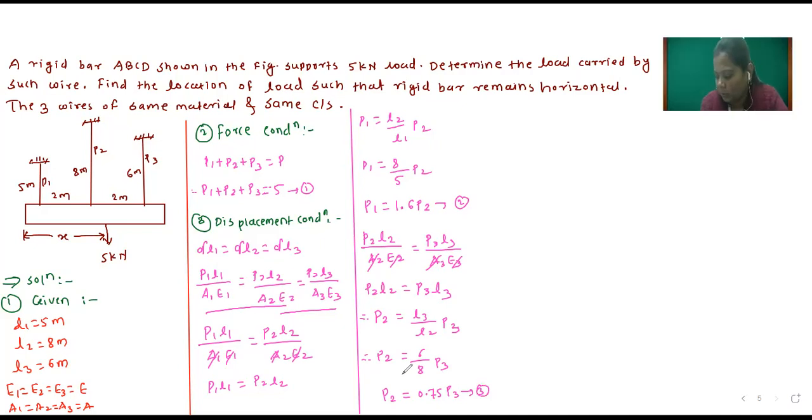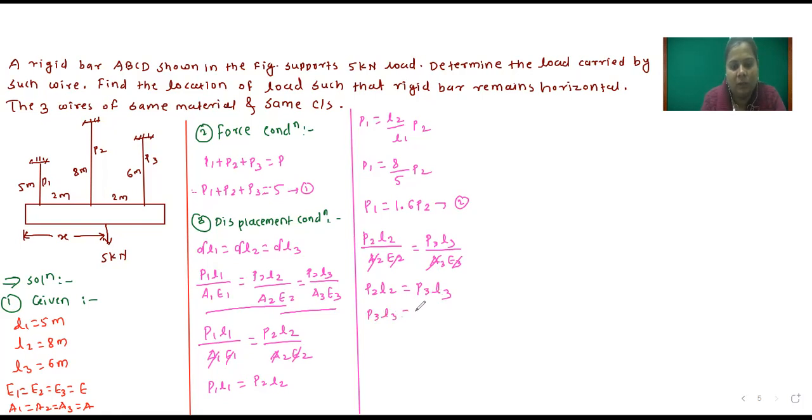Now we will put the values of P1 and P2 in equation 1. Here you observe there are 3 unknowns, so we will convert the equation in terms of P2.